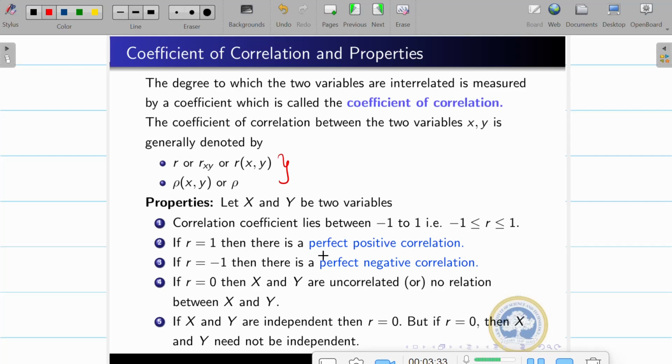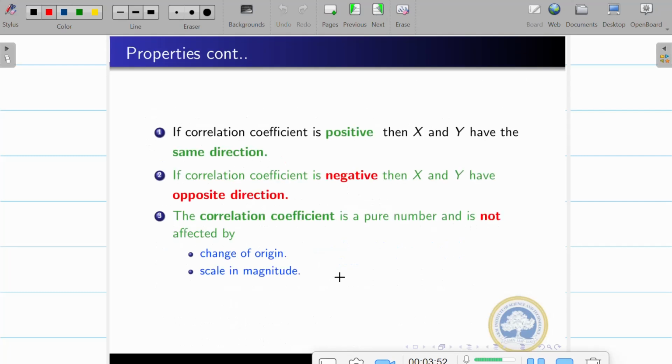If r is equal to 1, then it is a perfect positive correlation, and if r is equal to minus 1, then there is a perfect negative correlation. If r is equal to 0, then it is uncorrelated, meaning there is no relation between x and y. Next, if the correlation coefficient is positive, then x and y move in the same direction.